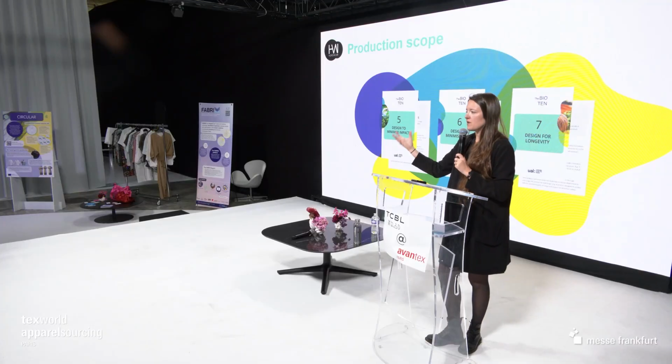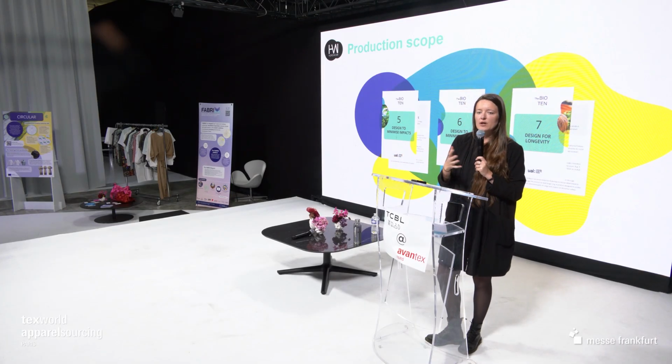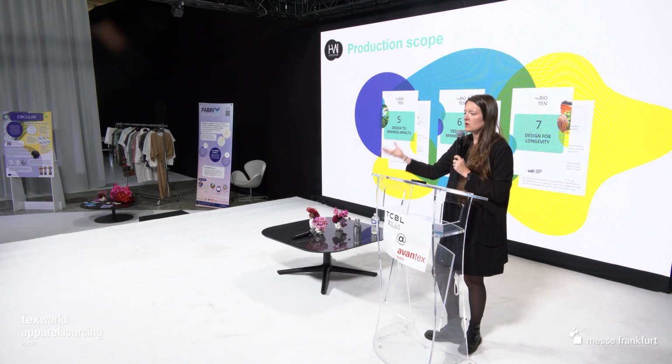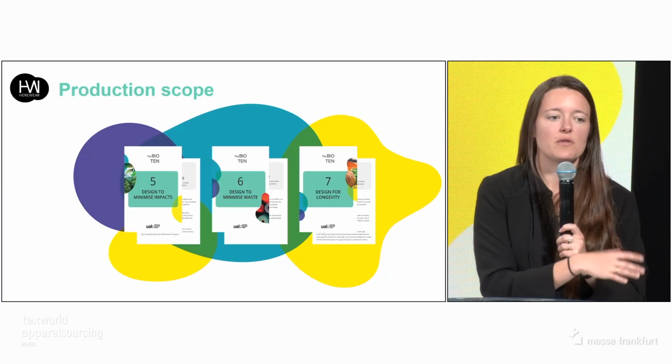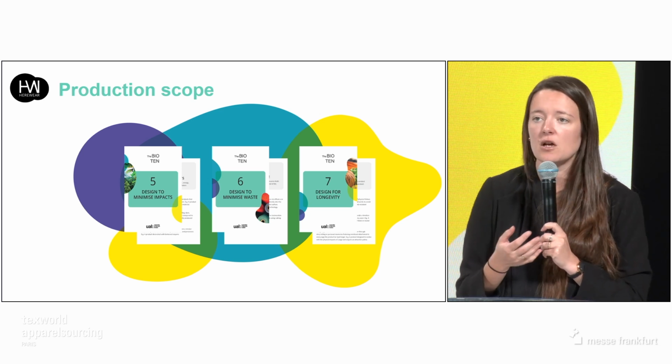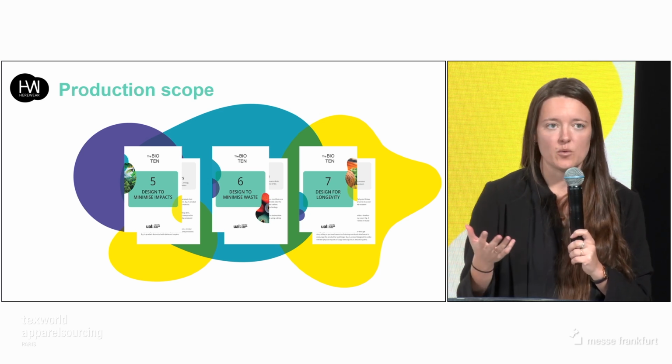So for instance, designing to minimize waste includes both designing with waste, so using the waste of other industries, like making patchwork out of offcuts to make a new garment, but also designing so that you're not making waste in the future, so things like zero waste pattern cutting or full garment knitting or weaving. And then designing for longevity is really about the technical aspect of making sure that your garment will stay in the system for as long as possible.